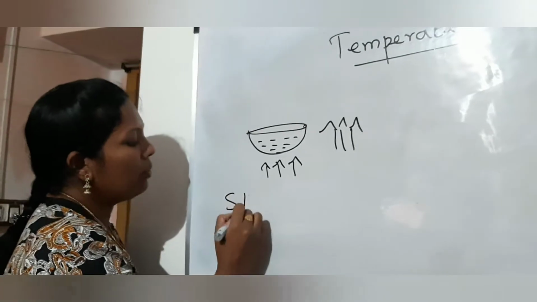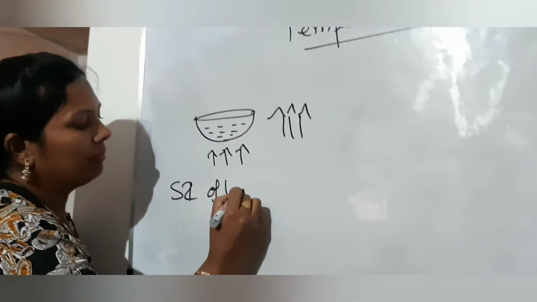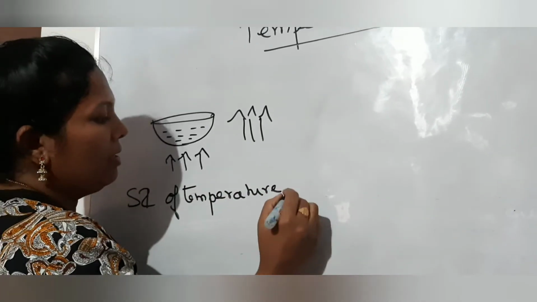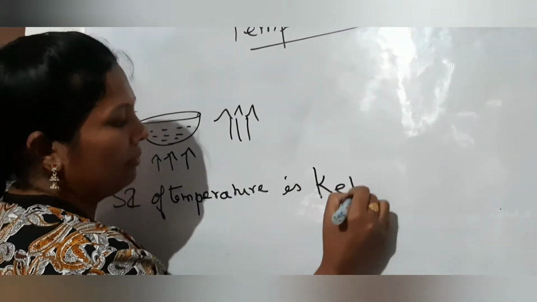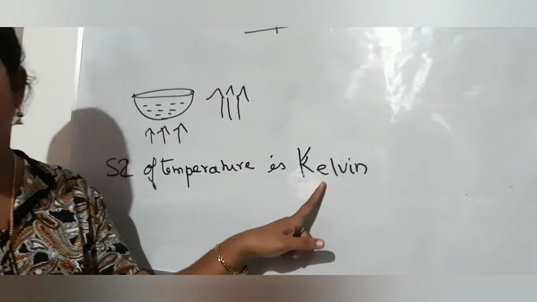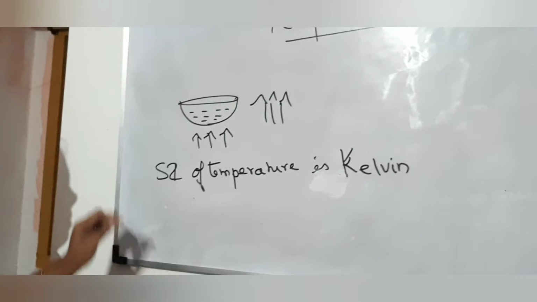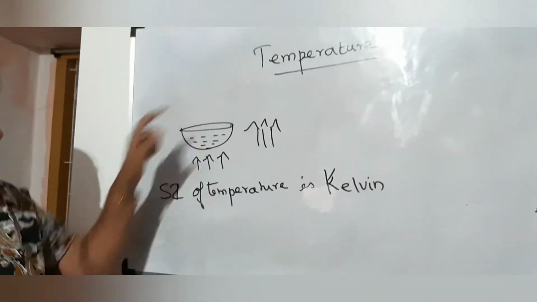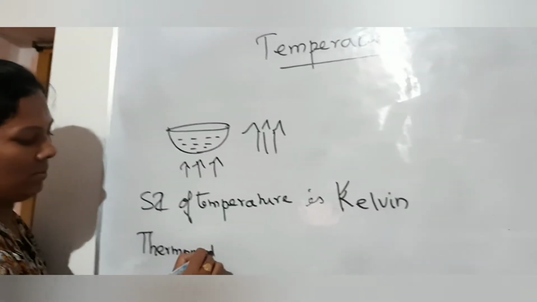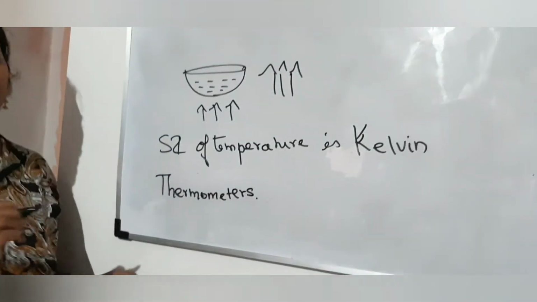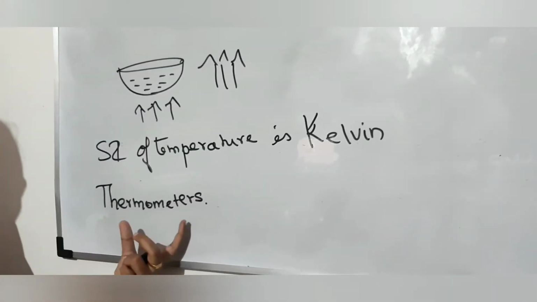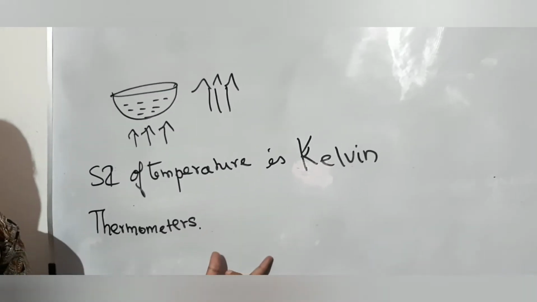The SI unit of temperature is Kelvin. What is the SI unit of temperature? It's Kelvin. For measuring temperature, thermometers are used.